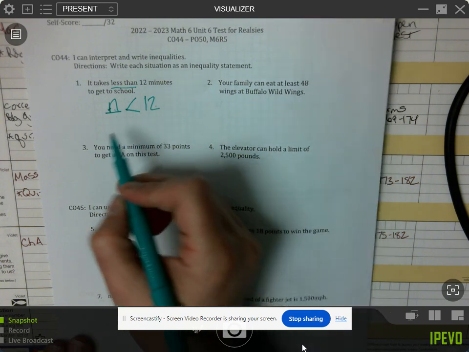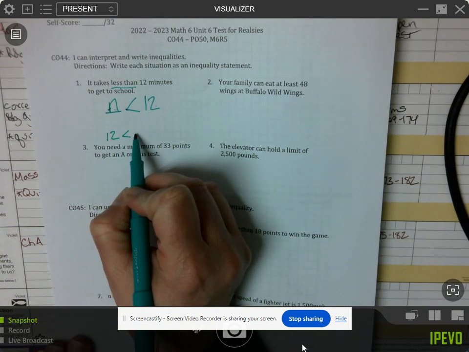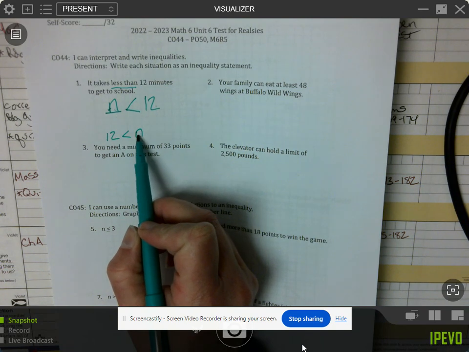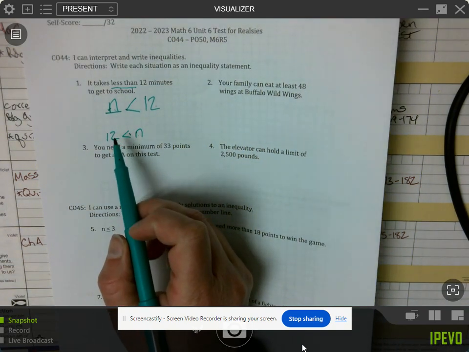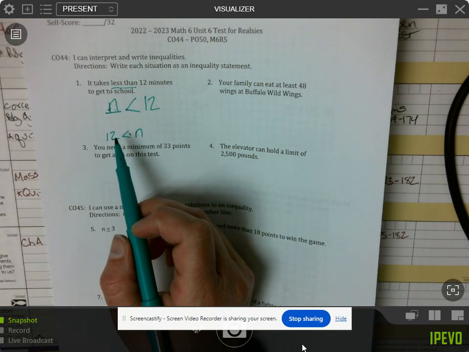If we flipped that around and said 12 less than n, we're saying n is bigger than 12. So you always want to double check that you're not writing it backwards, because I had several people do that.